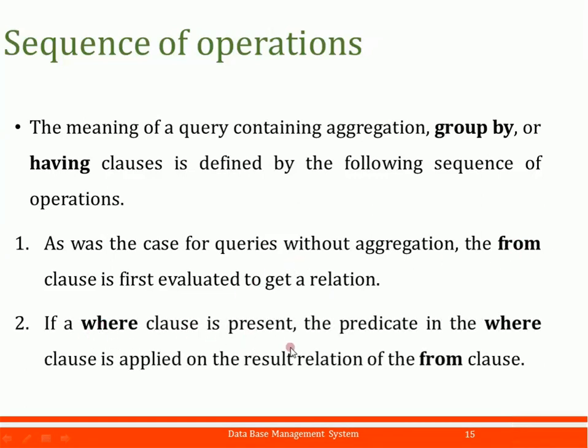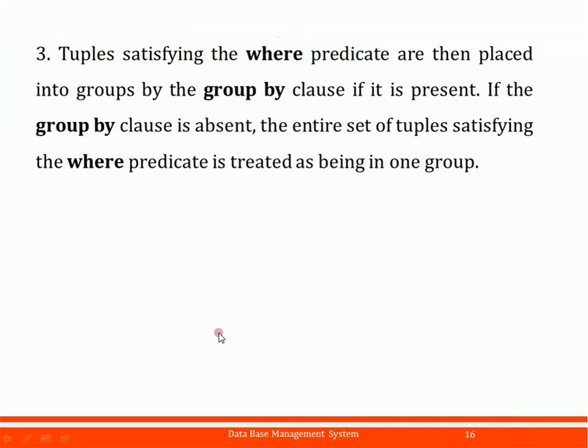If a where clause is present, the predicate in the where clause is applied on the result of the relation from the from clause. From the table or the relation you will get some tuples, and on those tuples you will apply the condition in the where clause, if present.